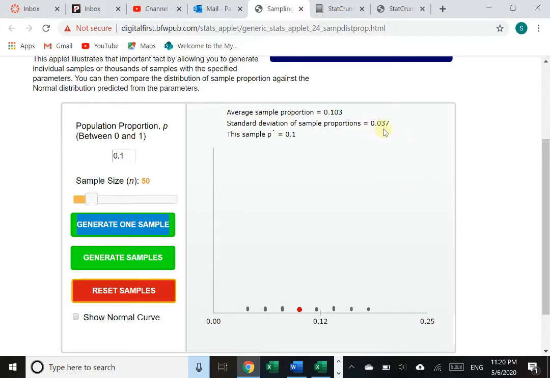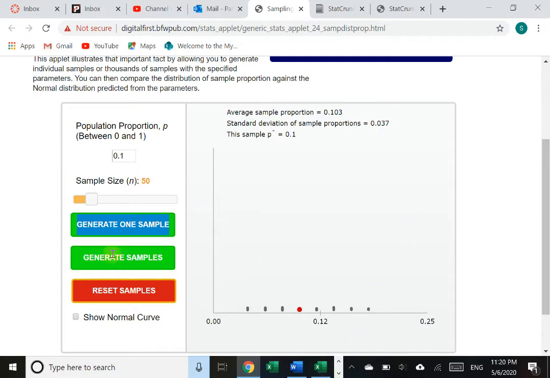Now, this standard deviation we can find using that formula, square root of p times 1 minus p over n. If you do square root of 0.1 times 0.9 divided by 50, you should get, let's see, I did, and I got 0.042. So this number is going to grow to 0.042.